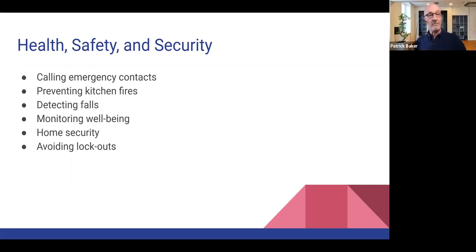And then, fall detection. There are some devices that you can install in the home that will detect falls, but also there's the Apple Watch. The Apple Watch has a built-in accelerometer, which basically means that it knows when there's a fall.